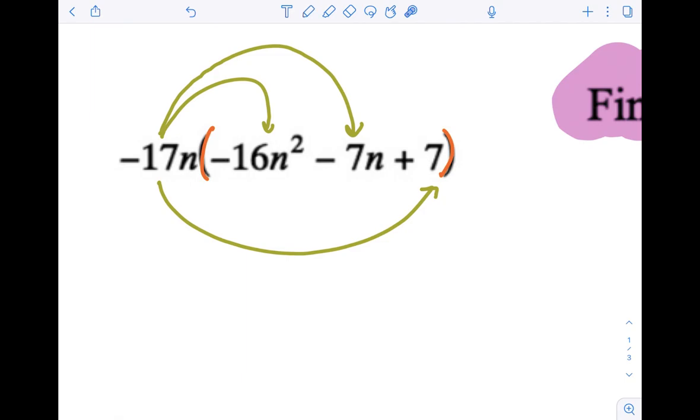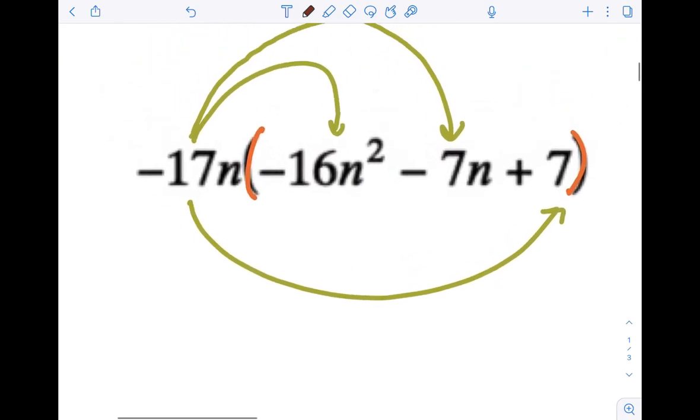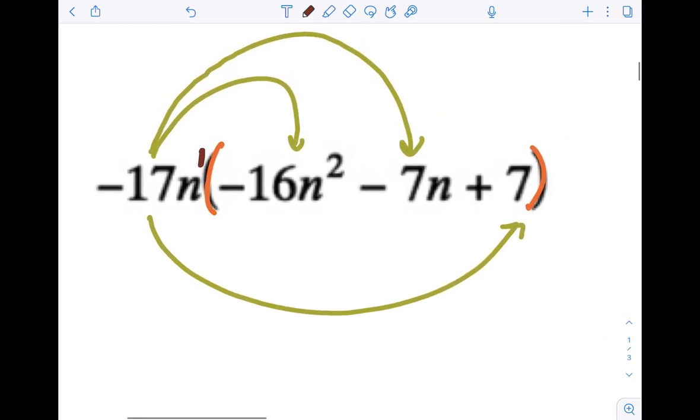So first we do negative 17n times negative 16n squared, right? So let us remember that this n here has an invisible 1, just like that, right? So now I have to multiply negative 17 and negative 16.